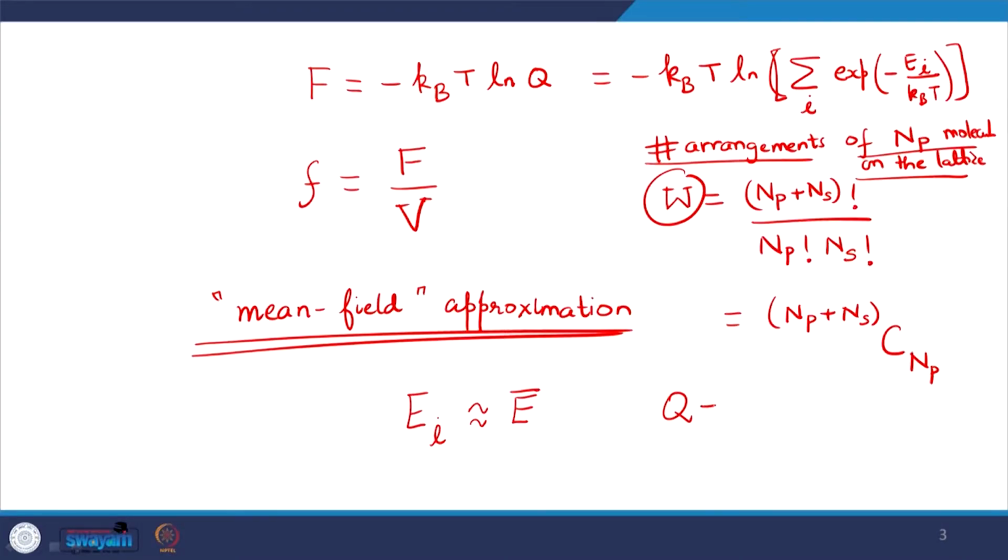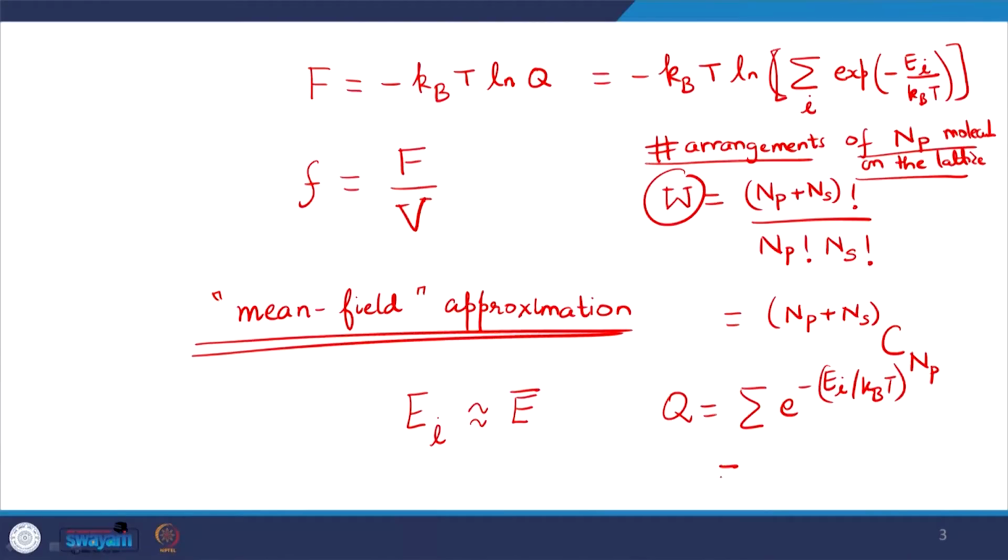So, my Q would then be summation over exponential of minus E_i by kBT, but since I have assumed every energy E_i to be equal to E bar, this is pretty much W exponential minus E bar by kBT.